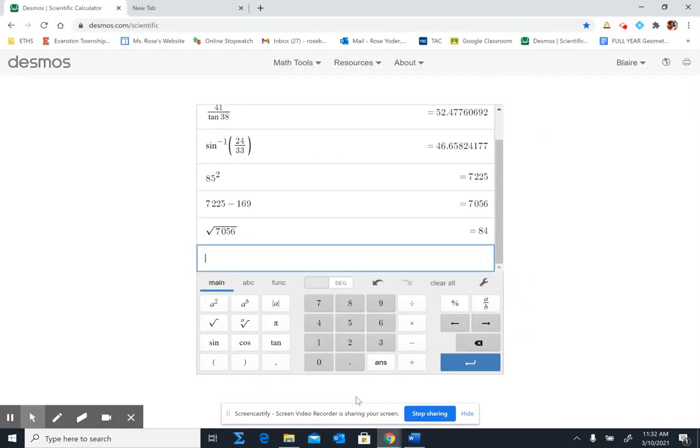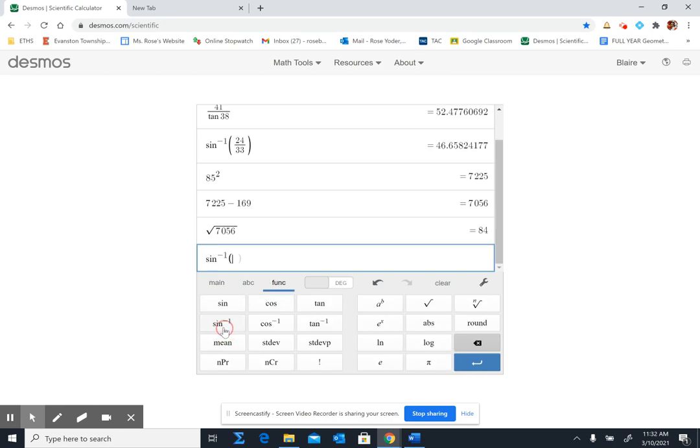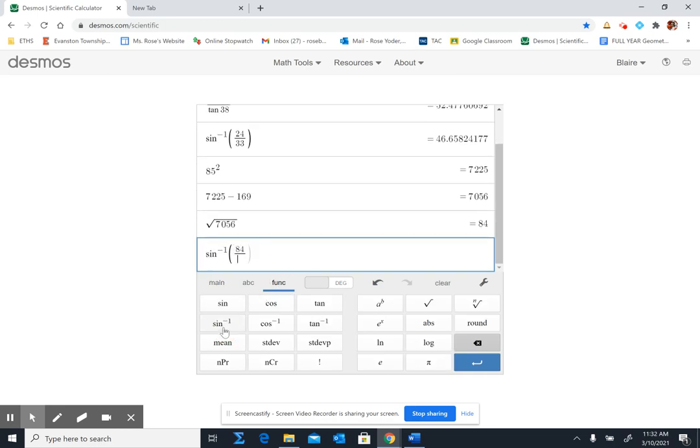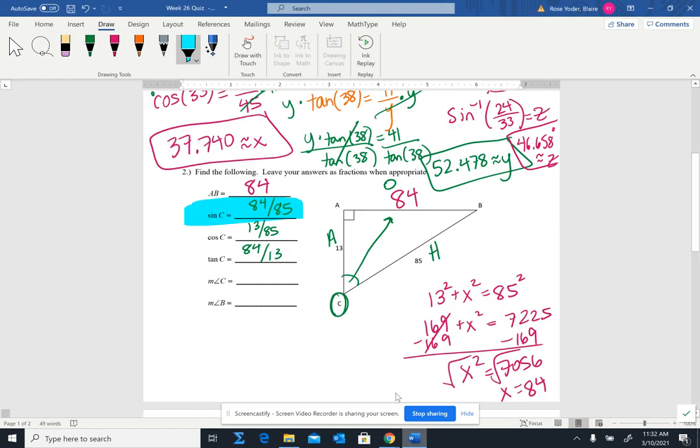So I'm going to go back to my calculator and I have to go sine inverse 84 over 85. So 81.203 degrees.